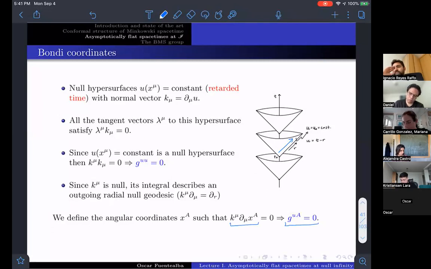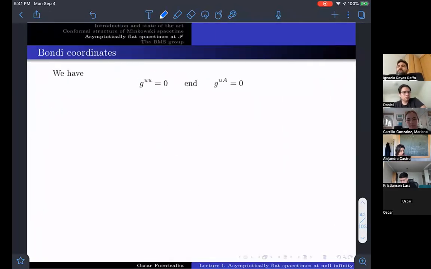Again, one has to use the definition of k mu in terms of the metric, and one can easily see that the mixed time angular component is 0. So we have that these components of the inverse metric are 0, and if we take the inverse of that, we will find these conditions: that the radial component of the metric must be 0, and also the mixed radial angular part must be 0.